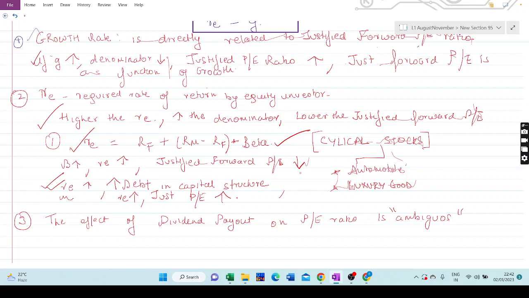Okay. Now, if we look at this equation of justified forward PE ratio, it looks something like this: dividend payout ratio divided by (r_e minus g). So you might think that the dividend payout ratio is positively related to justified P/E, because the dividend payout ratio is in the numerator, so the higher the numerator, the higher the ratio.